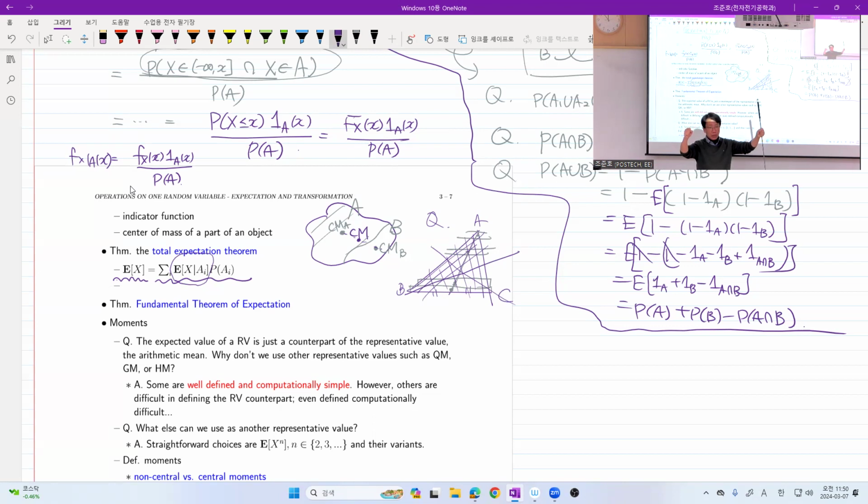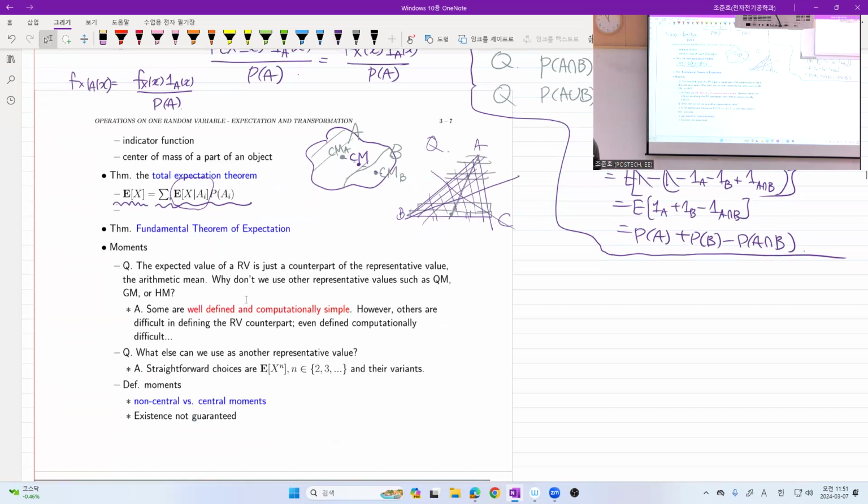One is located at x1 with mass m1. The other is located at x2 with mass m2. What was the center of mass? x1 times m1 plus x2 times m2, divided by m1 plus m2. And this mi divided by m1 plus m2 corresponds to the probability. So what? This is called the total expectation theorem. It can be interpreted through that physics or elementary school math thing. Okay, I'm not going to delve too much on it.